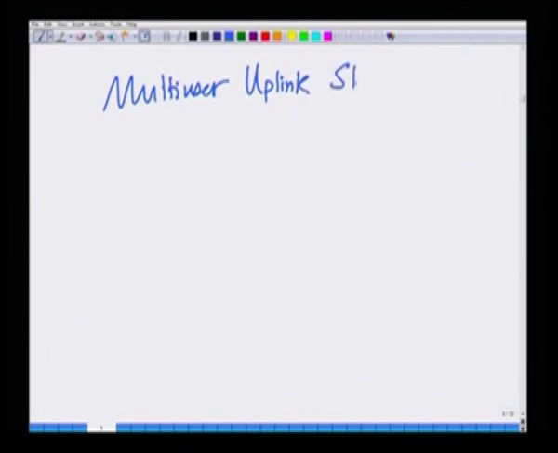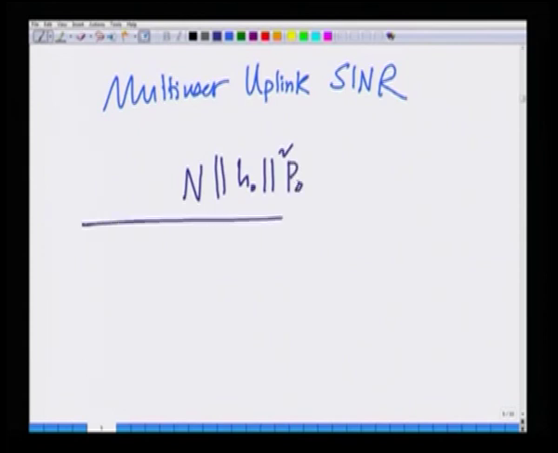multi-user uplink SINR is given as follows. The SINR equals N norm H naught square P naught. This is the signal power, there is no change in this.